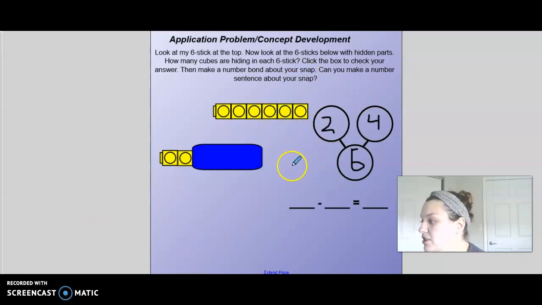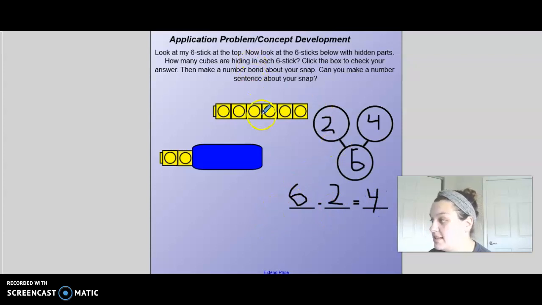Awesome. So we need our whole minus how many are showing equals how many are hidden. 4 were hidden. Very good. So we have 6 minus our 2 that are showing.